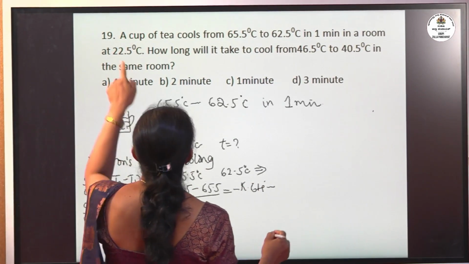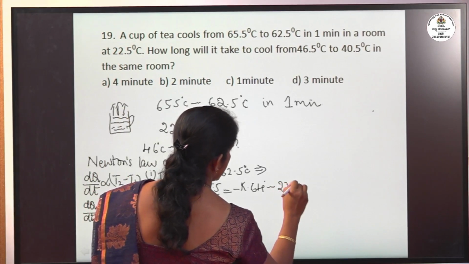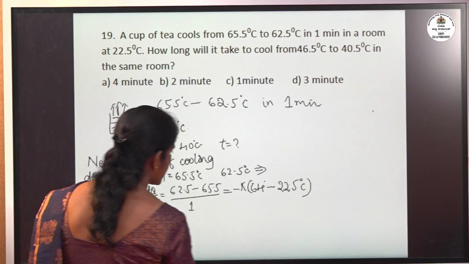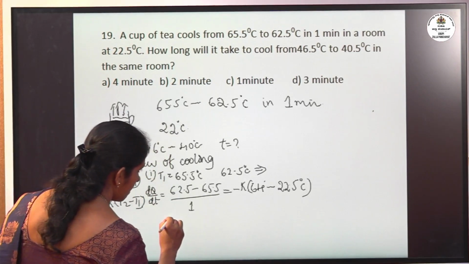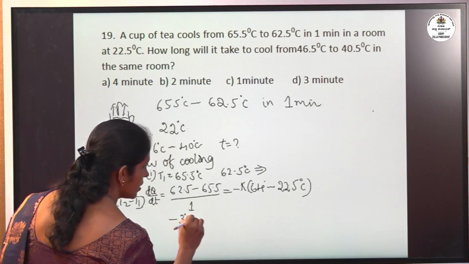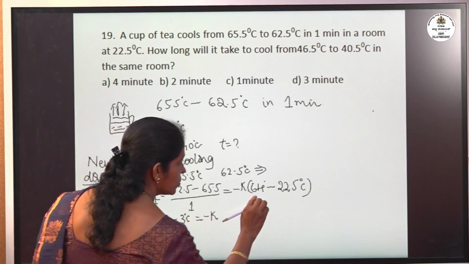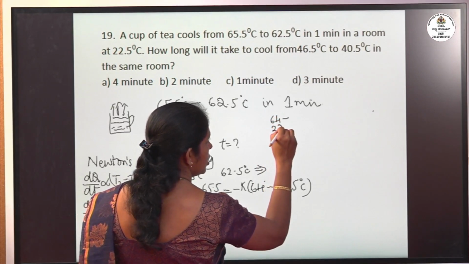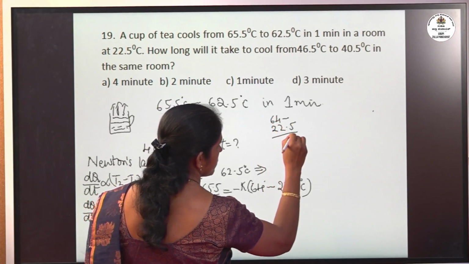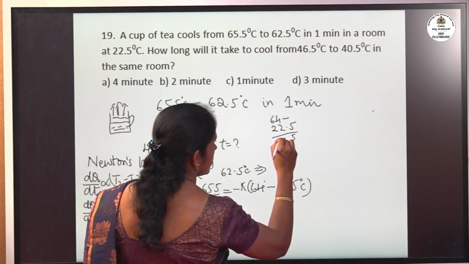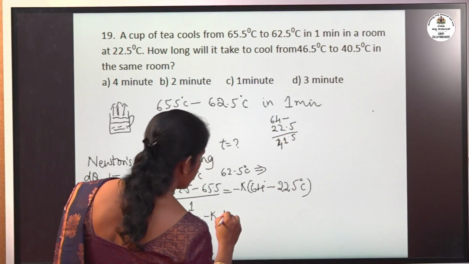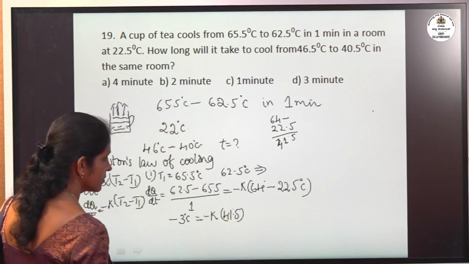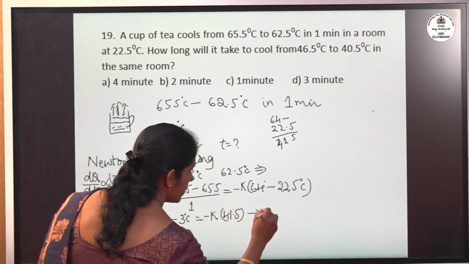Surrounding temperature is given, it is 22.5 degrees Celsius. 62 minus 65, minus 3 degrees Celsius, is equal to minus k into (64 minus 22.5). This is 41.5. Take this as equation number 1.